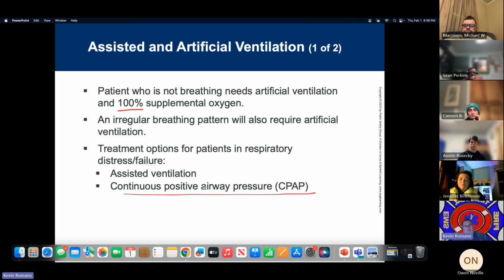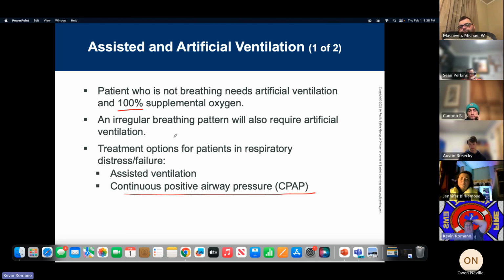Remember that 21% is normal air, 100% is the highest you can go. I like FiO2 because I can tailor it to what the patient actually needs to meet SpO2 and oxygenation instead of giving them 100% all the time. The CPAPs back in the day used to have that regulator on it. You could make that determination of where you wanted to sit for the FiO2.